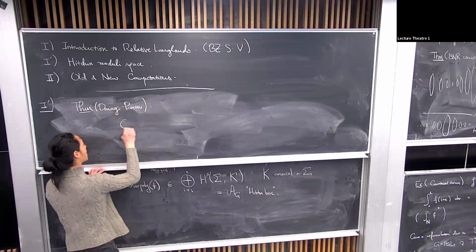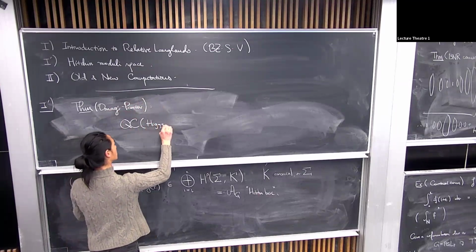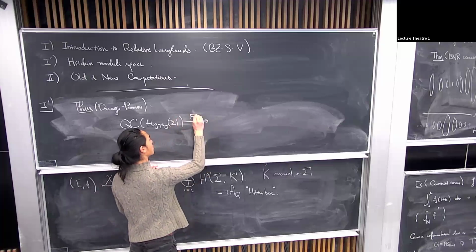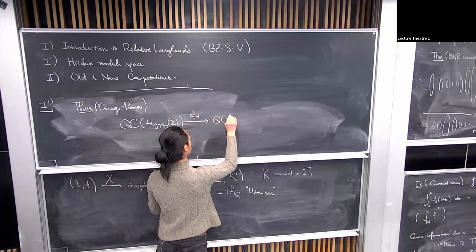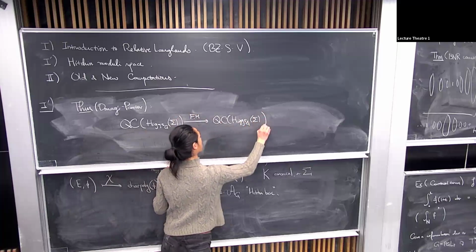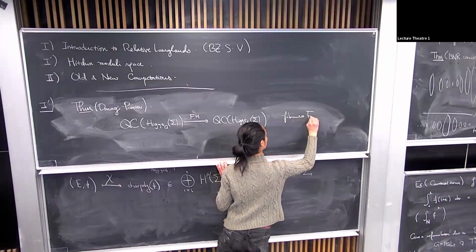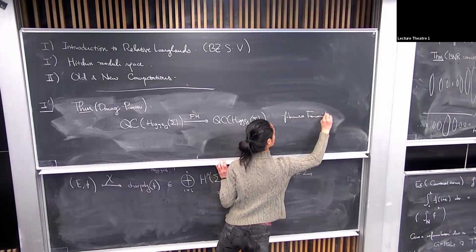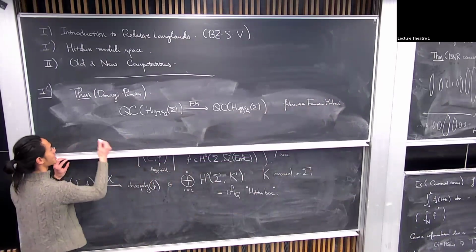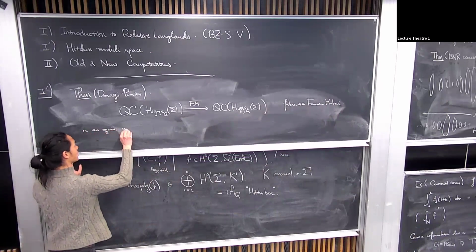And it should give me a map from quasi-coherent sheaves on Higgs G to quasi-coherent sheaves on Higgs G check, the fiber-wise Fourier-Mukai. Then their theorem says that this is an equivalence generically on the base.